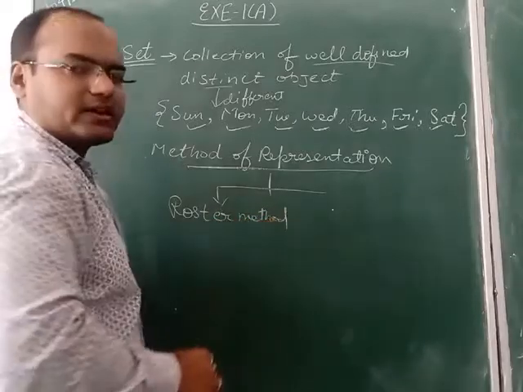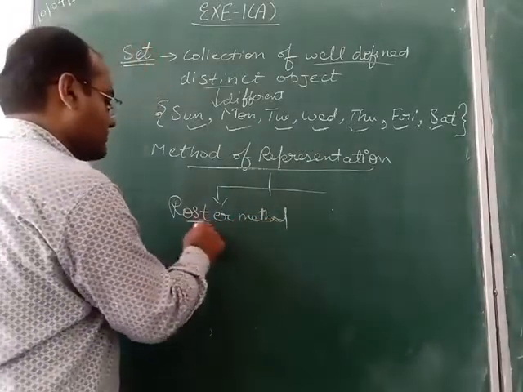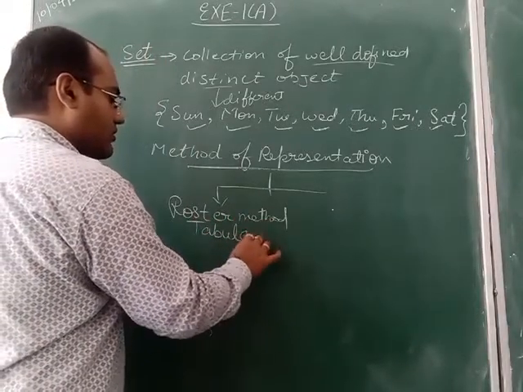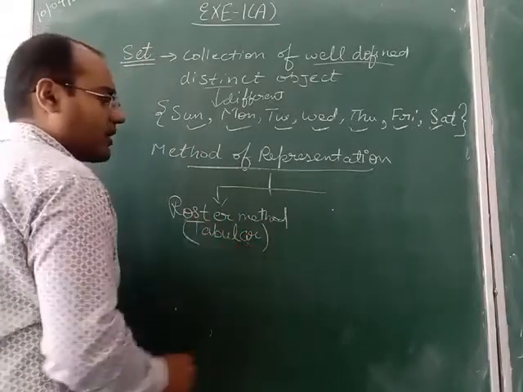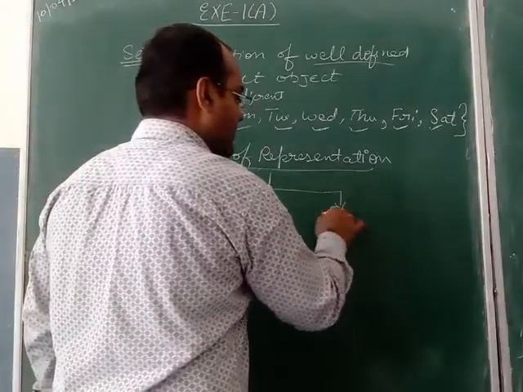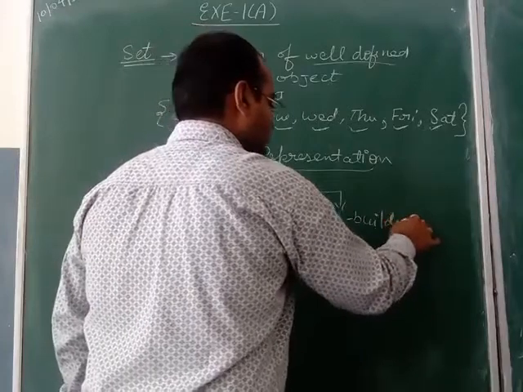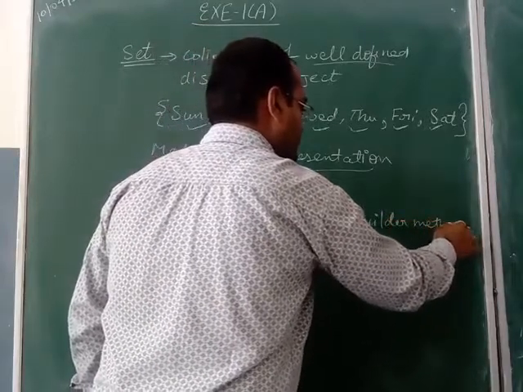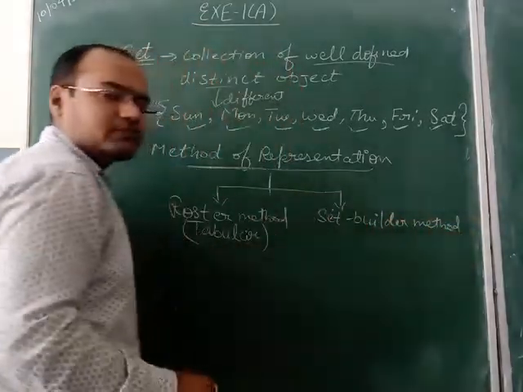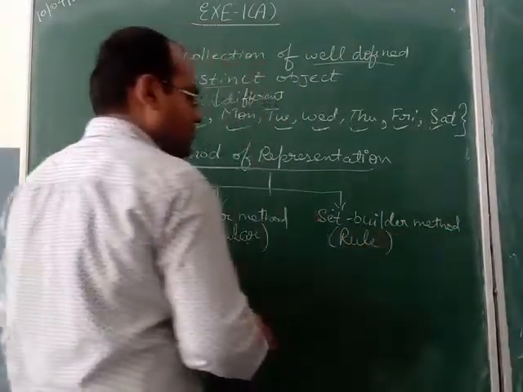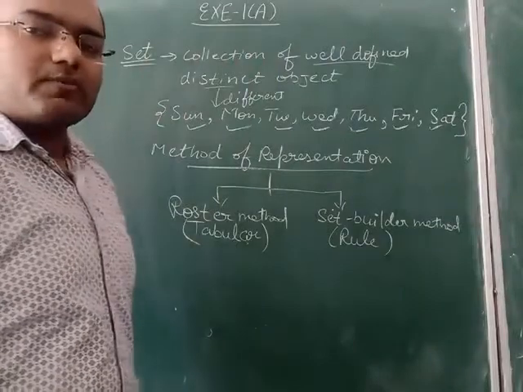Another name of this method is tabular method. Second method is the set builder method. Another name of this method is rule method. So these are the two ways of representing a set.